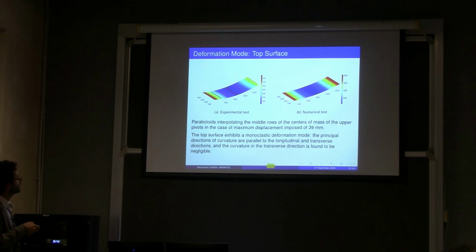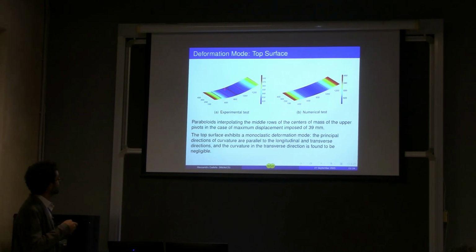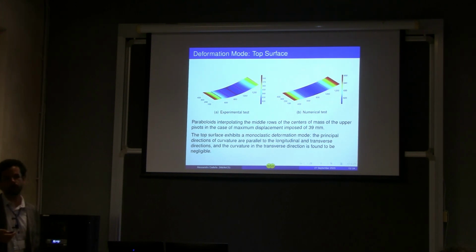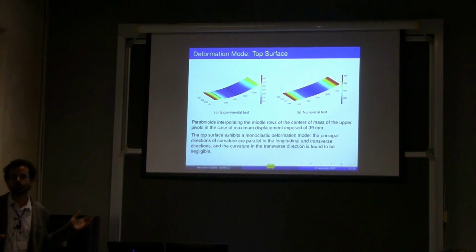That means that of the two principal curvatures of this surface, one is non-zero, even if it's small, and the other one is essentially negligible. And this is not standard for every material.